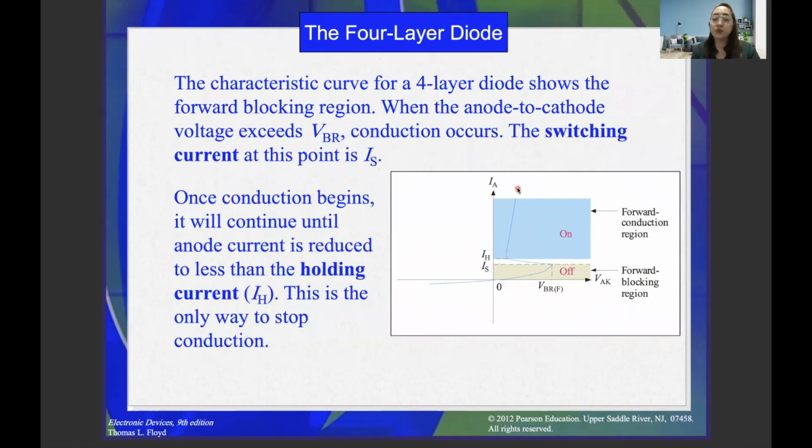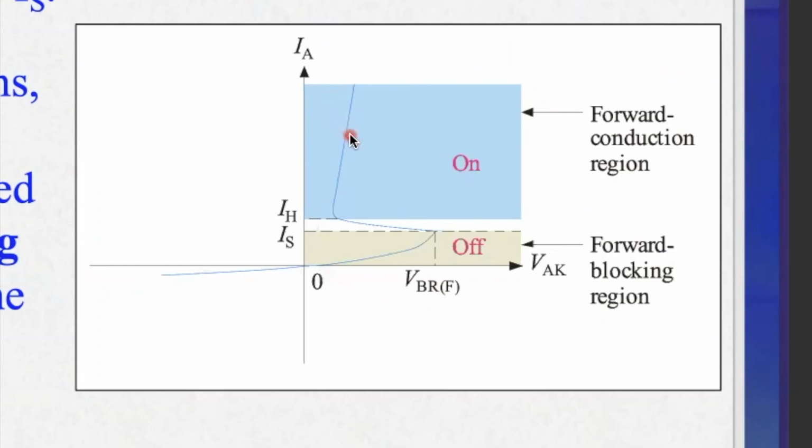We have to remember that the characteristic curve of a 4-layer diode, shown below here, has a forward blocking region. When the anode to cathode voltage exceeds the breakover voltage, conduction occurs, with the switching current at the point of IS.